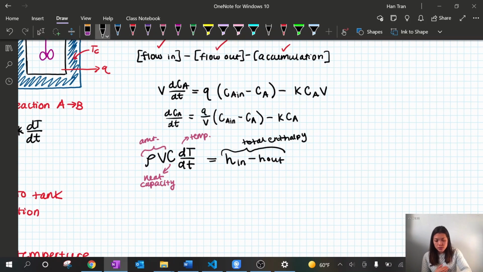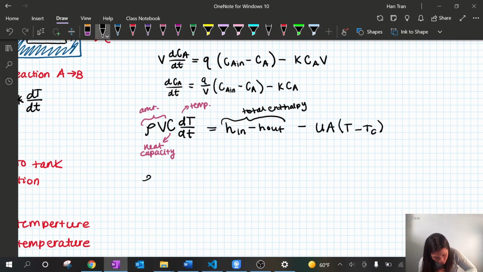So that's going to be minus, because the heat is being transferred out of the tank to the cooling jacket. And so we have the heat transfer constant multiplied by the temperature in the tank minus the coolant temperature. And again, here we have the density multiplied by the volume multiplied by the heat capacity multiplied by the change in temperature over a change in time.